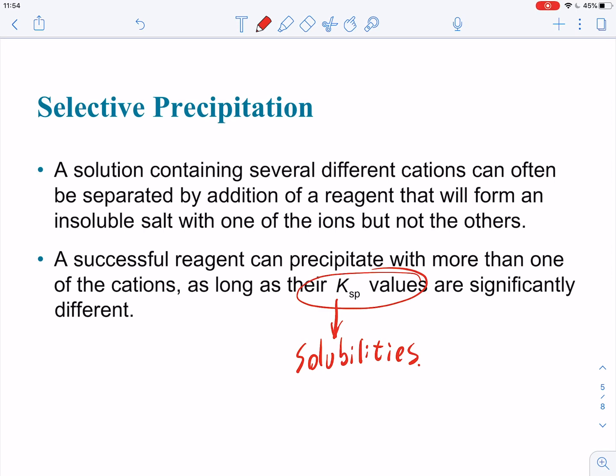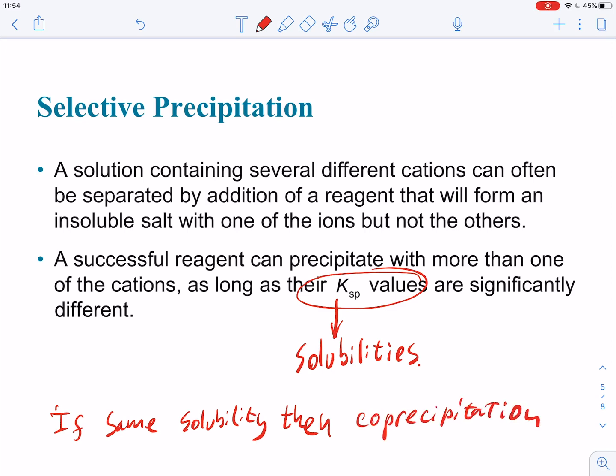If they have the same solubility, you are going to get, let's write that down, if same solubility, then co-precipitation.